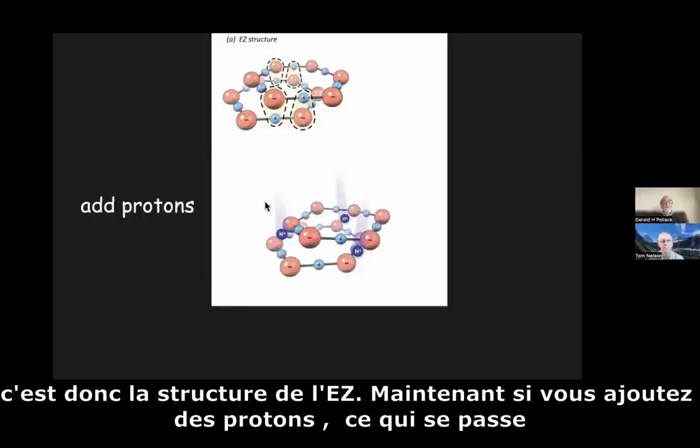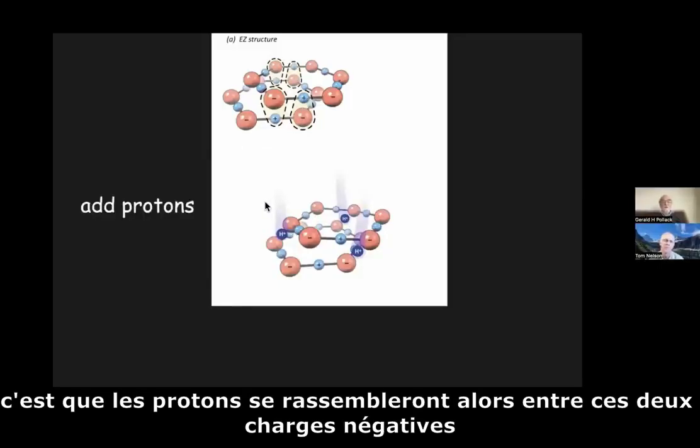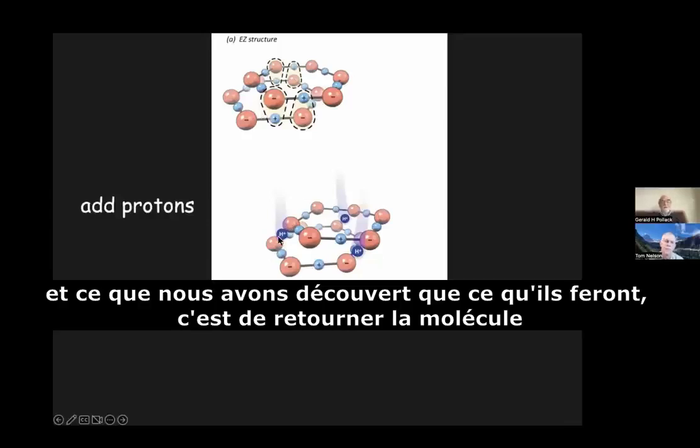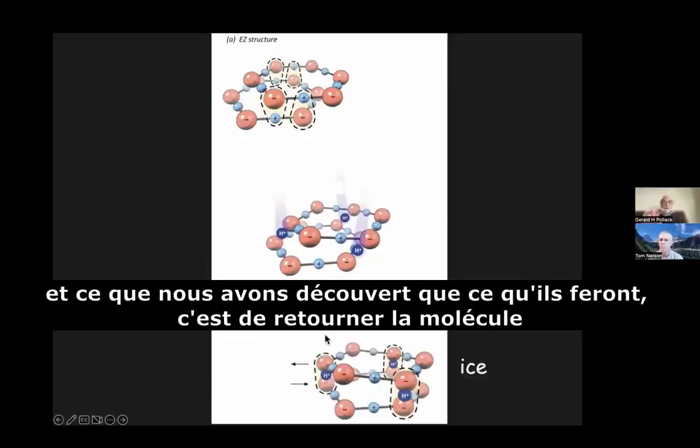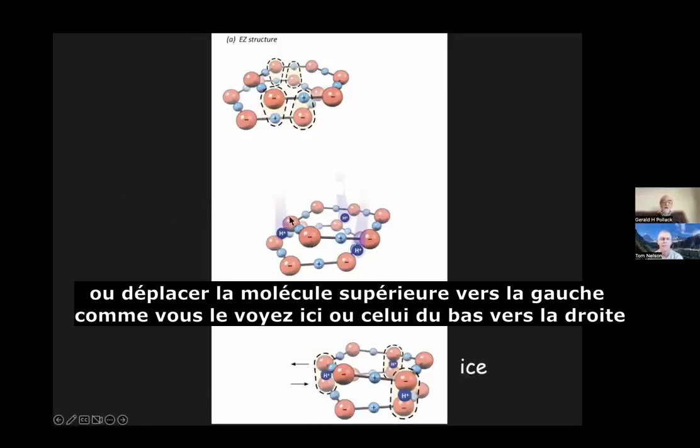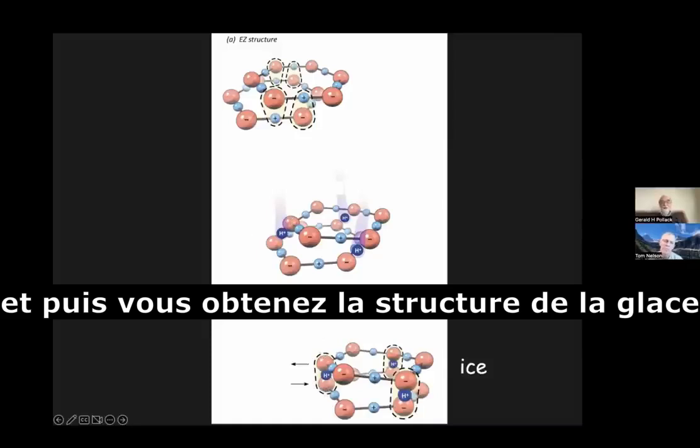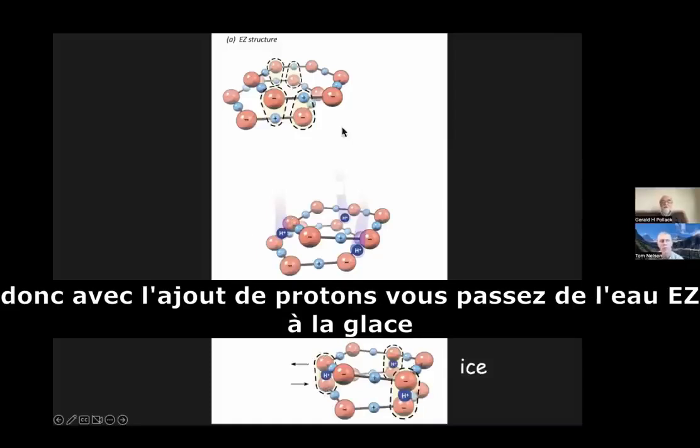Now, if you add protons to it, the protons will gather in between these two negative charges. And what we found is they'll flip the molecule or shift the upper one toward the left, as you see here, or the lower one toward the right. And then you get the structure of ice. So with the addition of protons, you go from EZ water to ice.